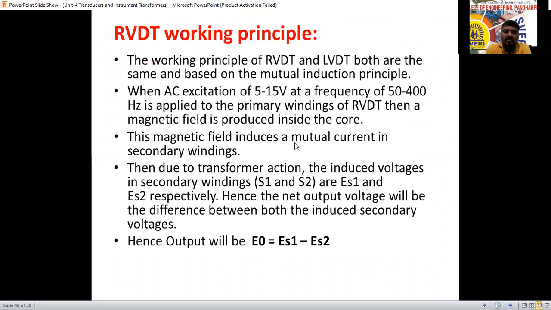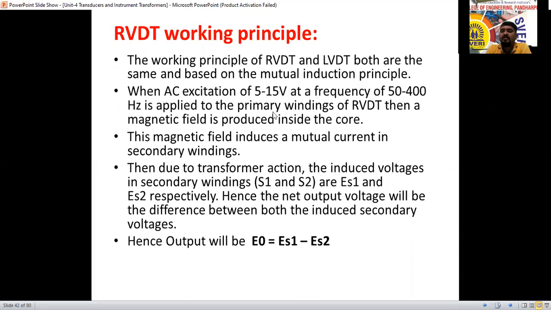The working principle of RVDT and LVDT is the same and based on the mutual inductance principle. When AC excitation is applied to the primary winding of the RVDT, a magnetic field is produced inside the core. This magnetic field induces an EMF in the secondary windings. Due to transformer action, the induced voltages in secondary windings S1 and S2 are ES1 and ES2 respectively.